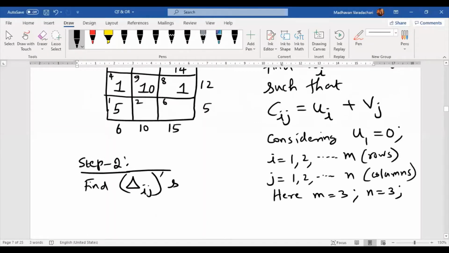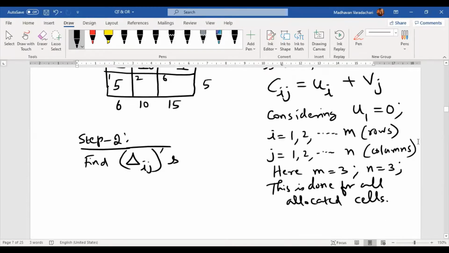I'm sorry, one more thing I have to write in step 1: this is done for all allocated cells. So please write the first step completely, then write down the second step.